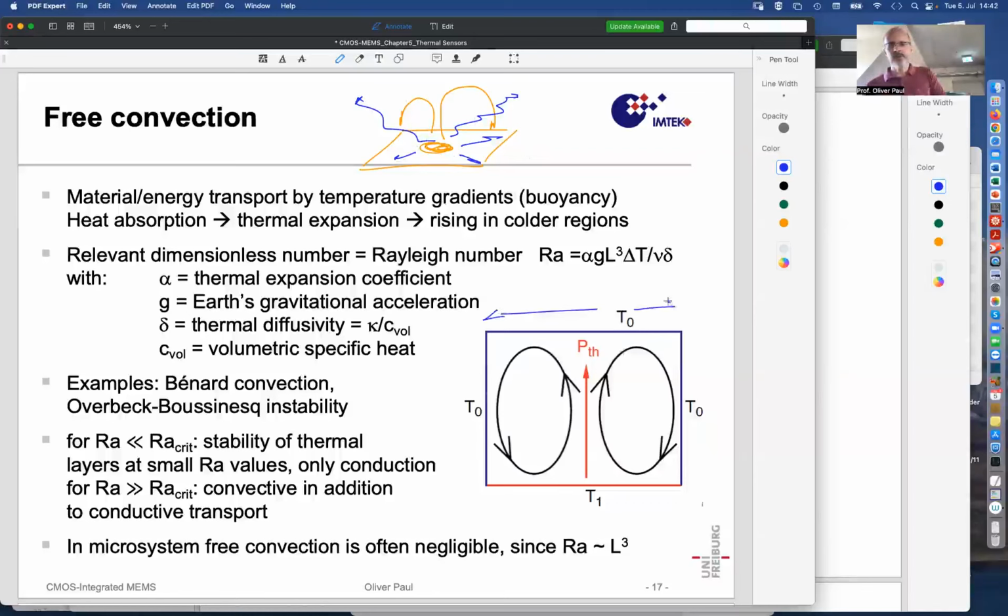Now we can give this object some characteristic length L. Like this is also some characteristic length L. And then there is gravity. There is the thermal expansion coefficient of the fluid that might produce that transport. There is its kinematic viscosity.